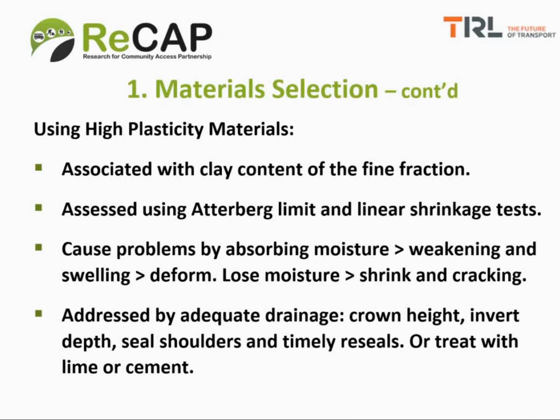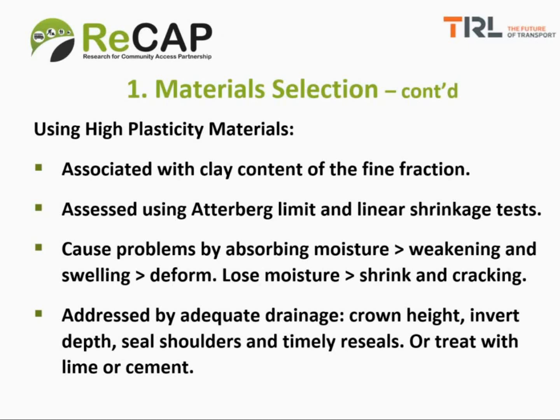Now, high plasticity often presents or is often associated with clay content of the fine fraction of the material. And plasticity is often assessed by Atterberg limit tests and linear shrinkage tests.